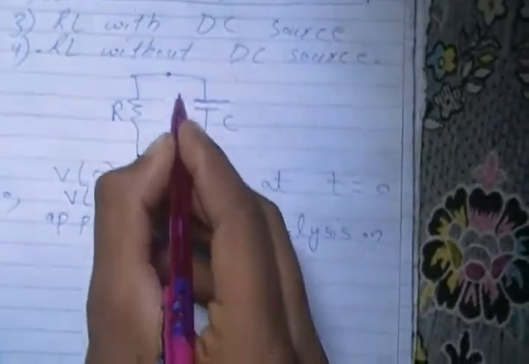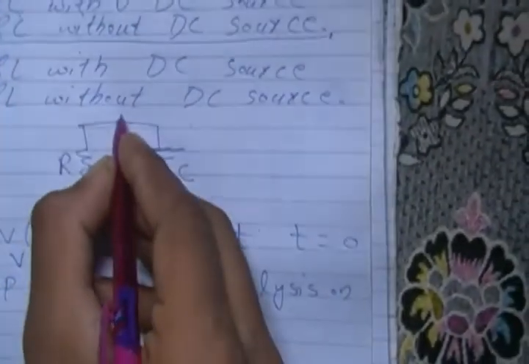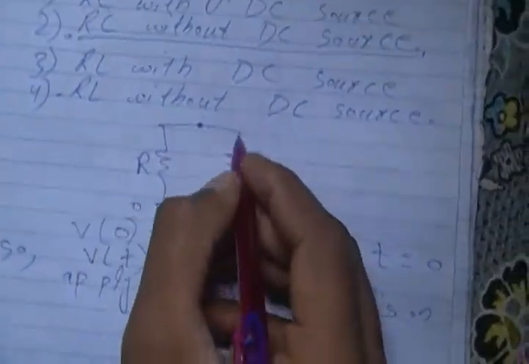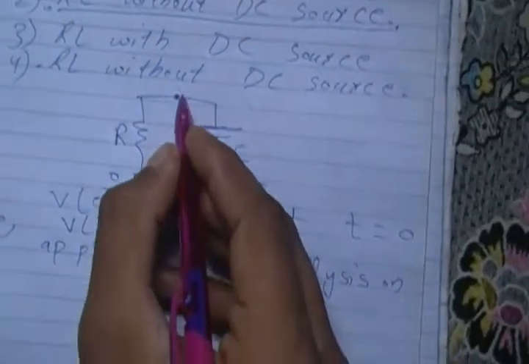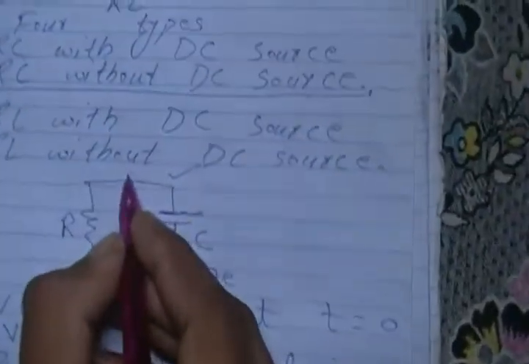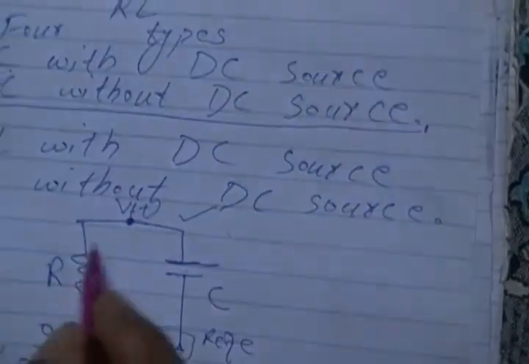So this is the node where we apply the nodal analysis. This is the reference node. Its potential is 0. We want to find the voltage of this node. So this node is V of t, its voltage is V of t.